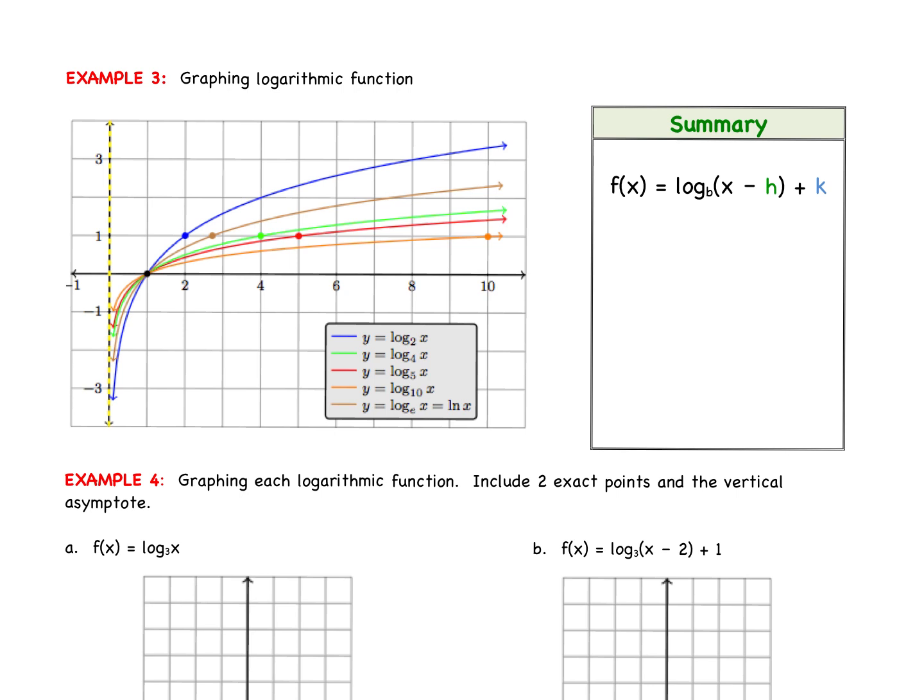What else do you all notice looking at this? Two things I want us to be able to see. They all intersect at 1, 0. There are some other points that are noted. Is there any special pattern about those? Audrey? They're all at y equals 1.